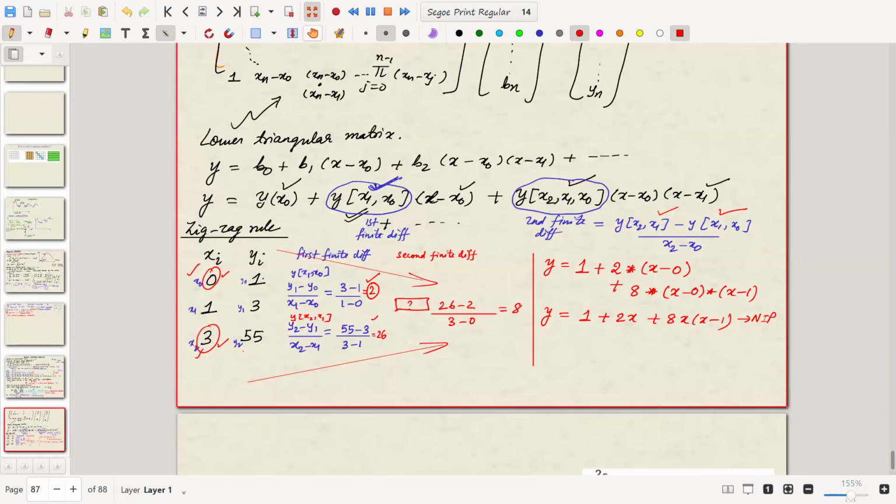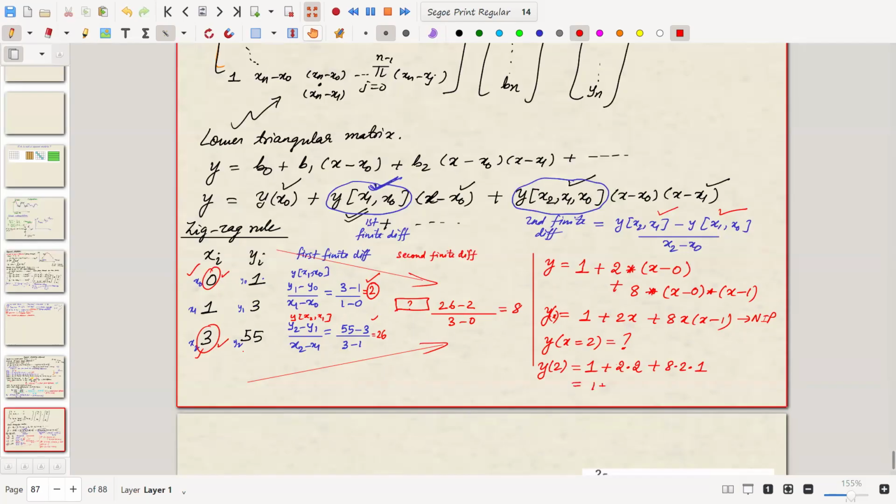So can you tell me what is the value of y at x equals to 2? What you do, you just substitute, this is y of x. So you substitute x equals to 2 here. So that should be 1 plus 2 into 2, 8 into 2 into 1.